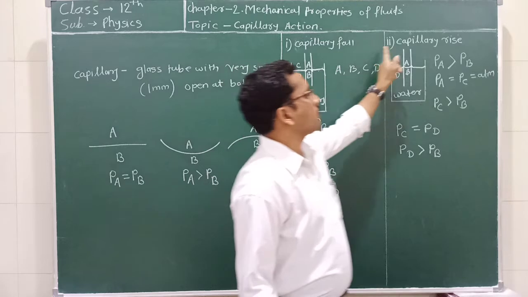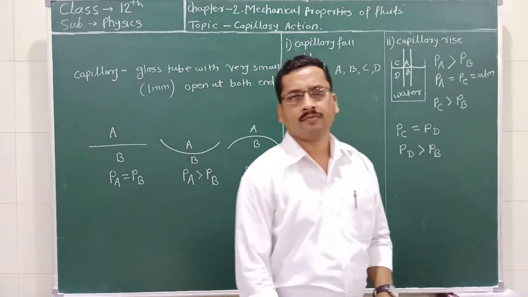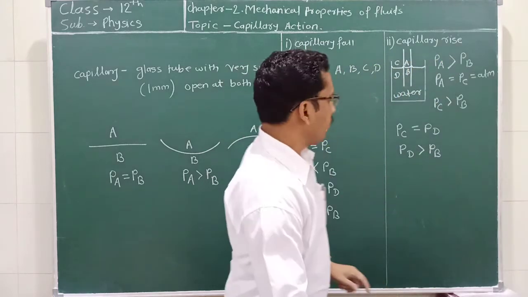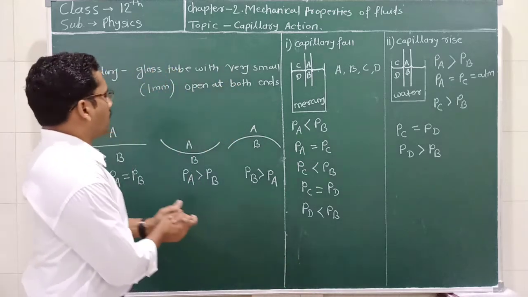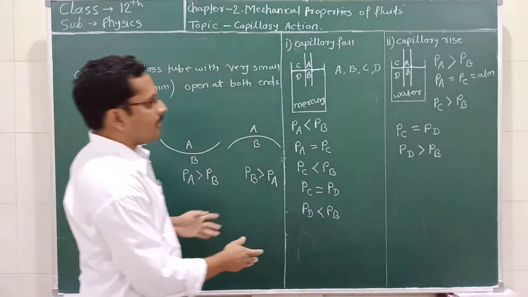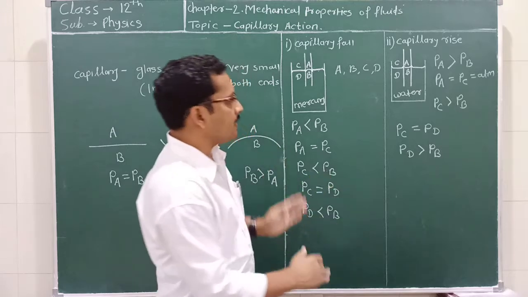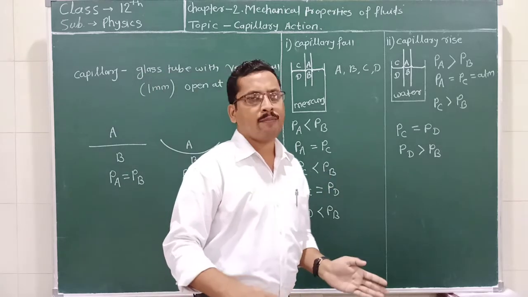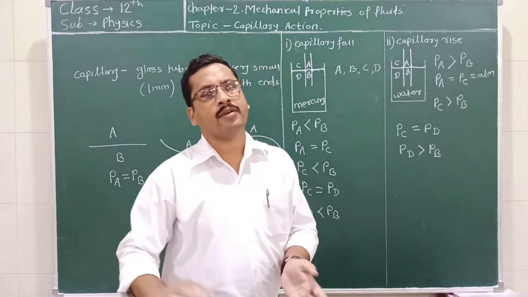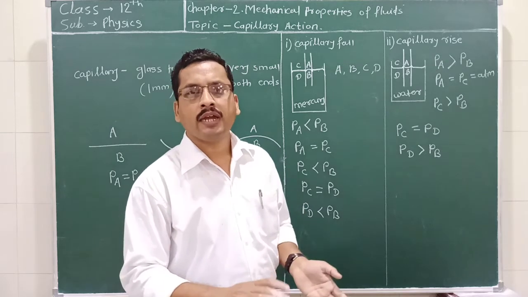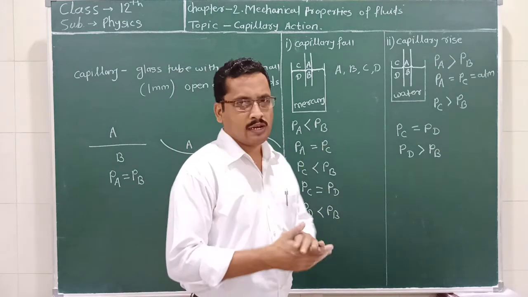Such a phenomenon is called capillary rise. So with the help of these three conditions, we can easily explain why the liquid inside the capillary sometimes rises and sometimes falls. It is due to the change of the liquid.